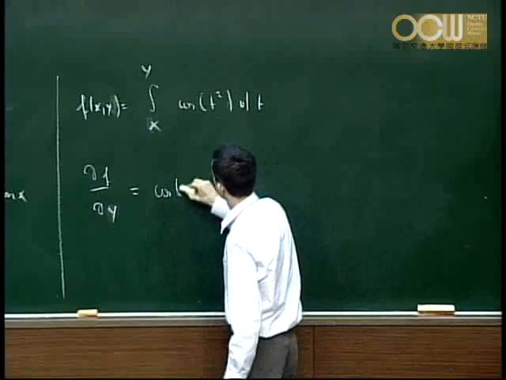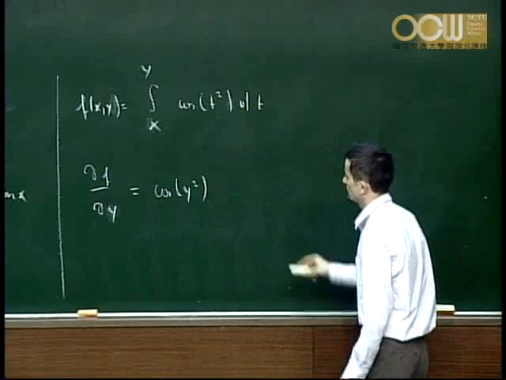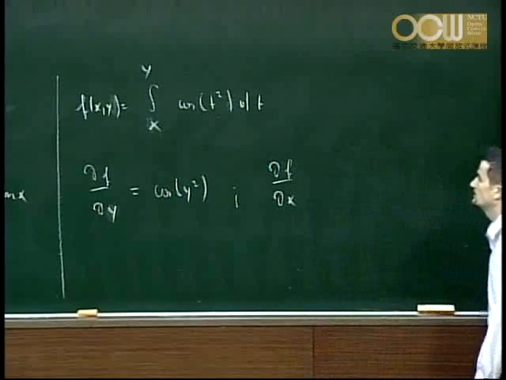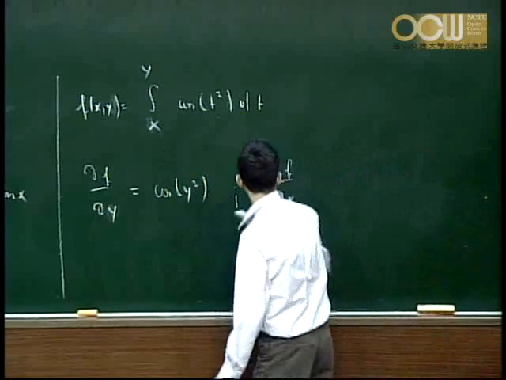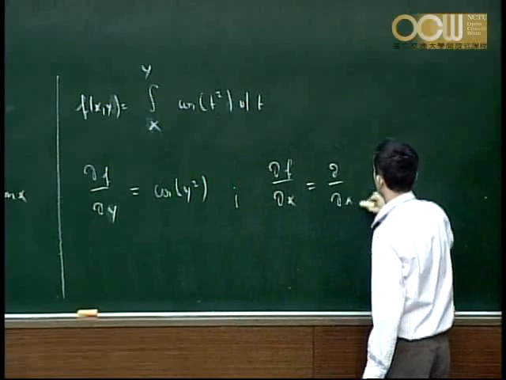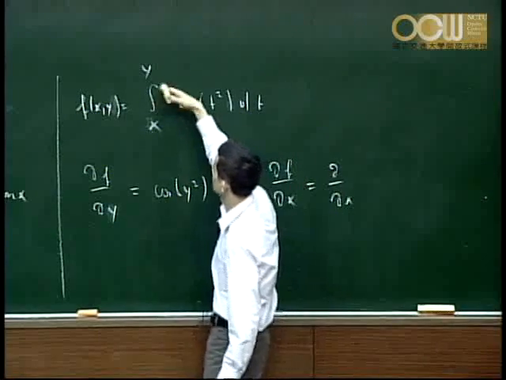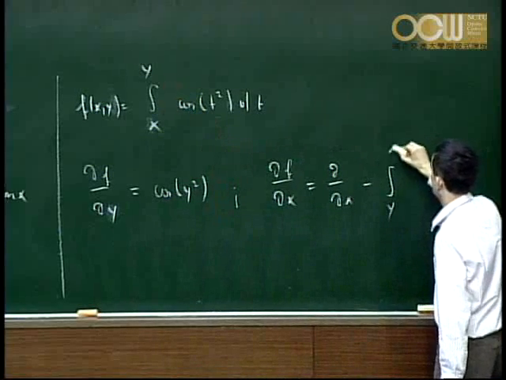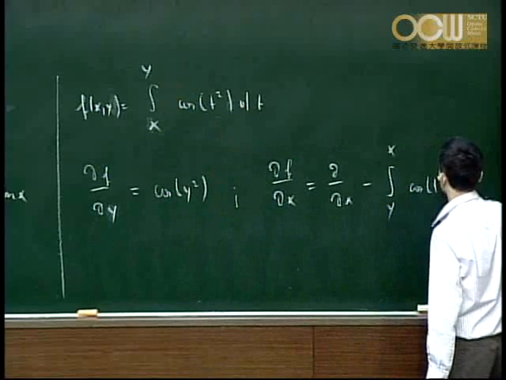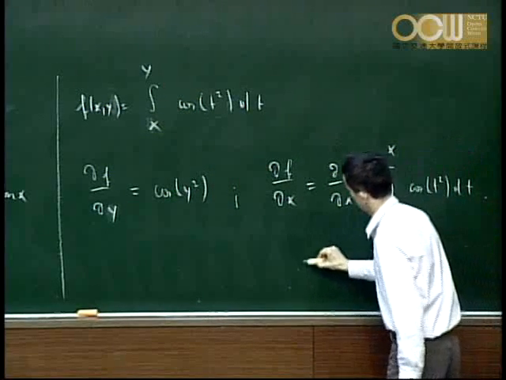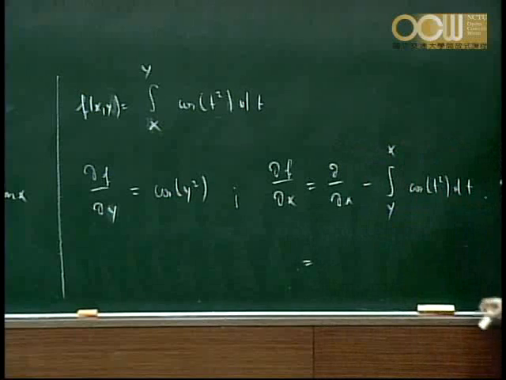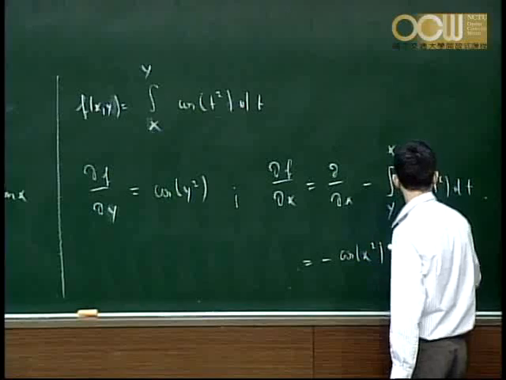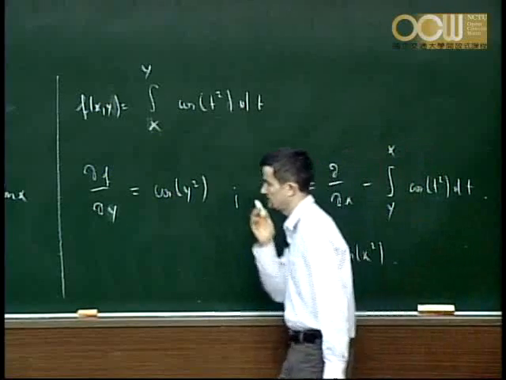So what I get then is this here. If I want to compute the partial derivative with respect to x, now what I have to do is change the upper and lower limit. Then I get a minus, so minus the integral from y to x of cosine of t squared dt. And now again, by the fundamental theorem of calculus, y is a constant, so minus cosine of x squared. Okay, so this is already the answer.